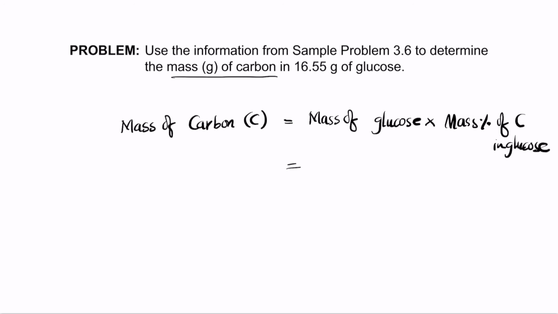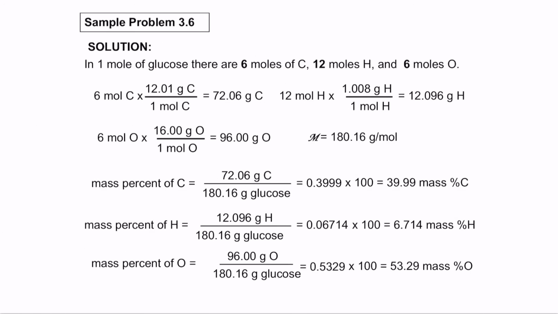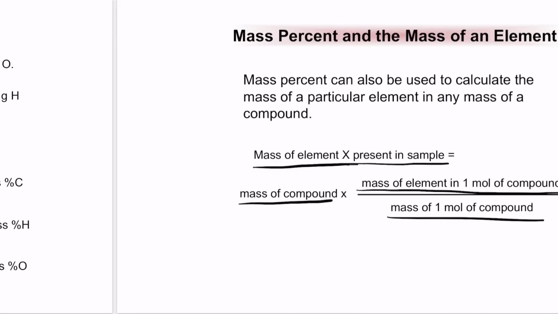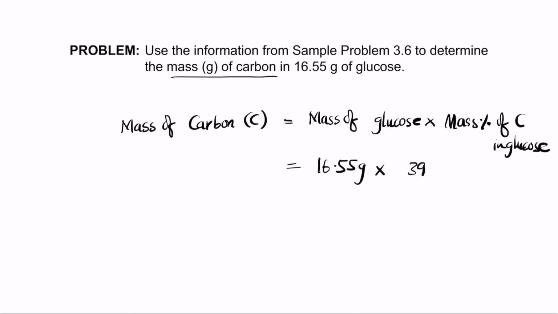So the mass of glucose is 16.55 grams times the mass percentage of carbon, if you remember from the last problem, is 39.99%. So 39.99, remember percent, which means you have to divide it by 100.